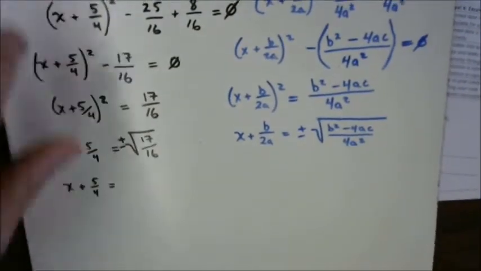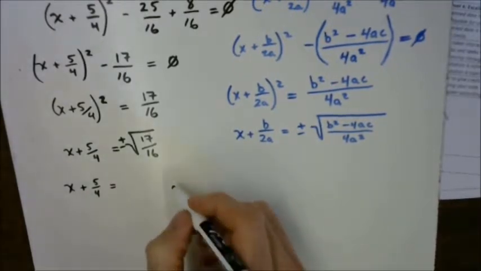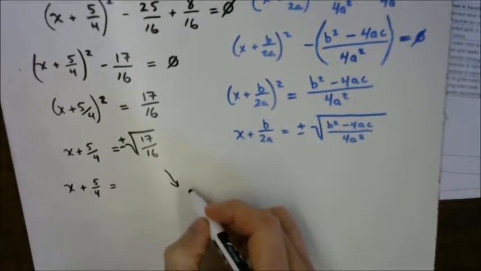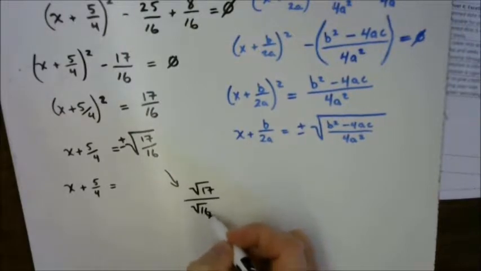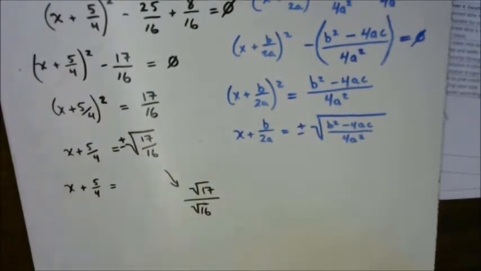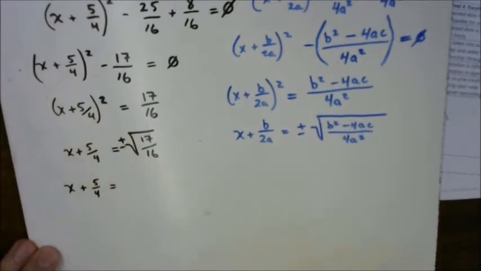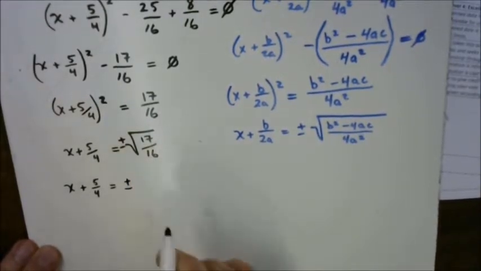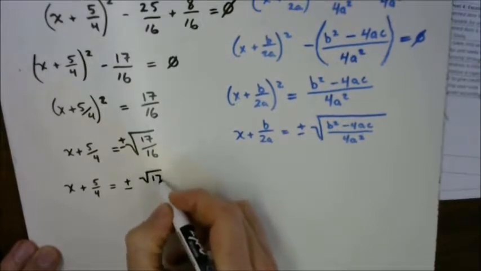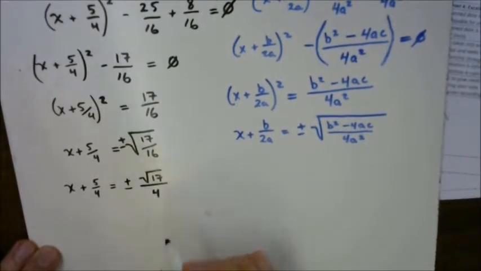Sorry, you might have missed the last couple things that I said. I said this is the same as square root of 17 over the square root of 16. And we know that the square root of 16 is 4. So this reduces to plus or minus the square root of 17 over 4.